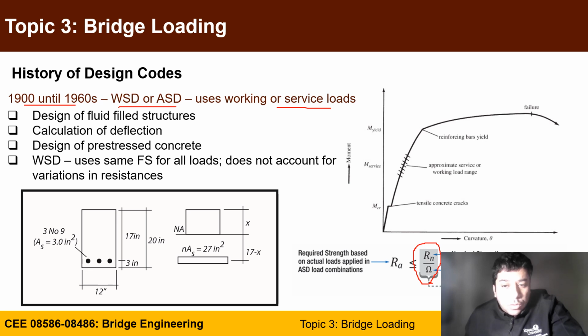So you will divide your capacity by a factor. Let's say you have concrete with a compressive strength of 5 ksi, you will divide the 5,000 psi over the safety factor. When we use this for your design, you will not increase your load, but you will reduce your capacity, compressive strength or steel yielding, by the safety factor.